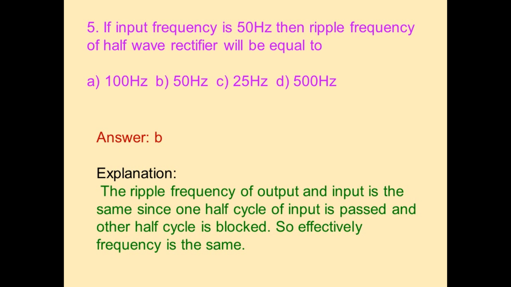The ripple frequency of output and input is the same in the case of half wave rectifier, since one half cycle of input is passed and the other half cycle is blocked. So the ripple frequency of half wave rectifier is same as that of the input frequency. So the ripple frequency is 50 Hz. So option B is correct.